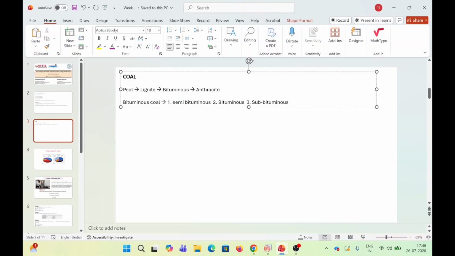The percentage of carbon present in the coal basically influences the amount of energy that gets produced. So the higher the carbon content, the more energy it gives.